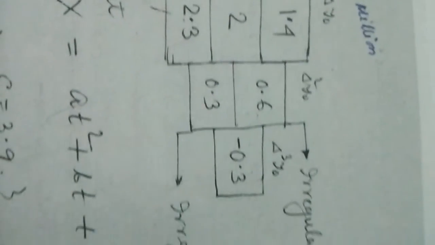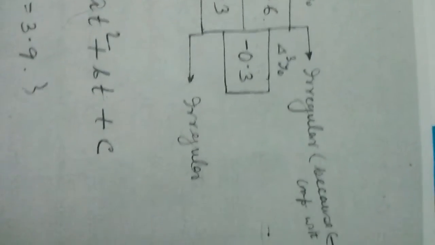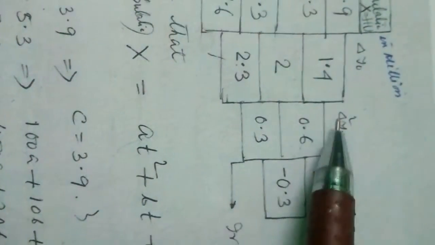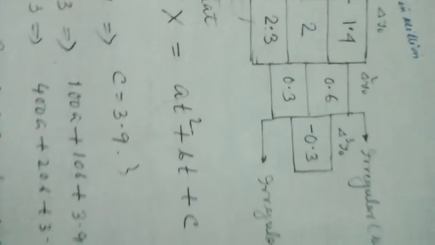This is in million. X is a function of t. Now here the sign changes, so we have to take this up to second degree.